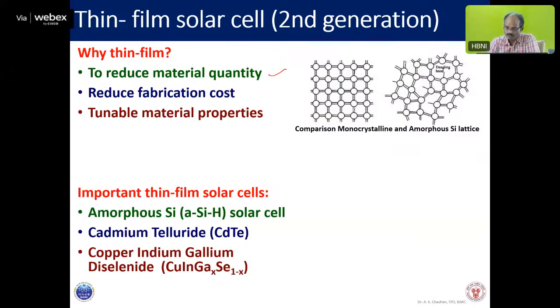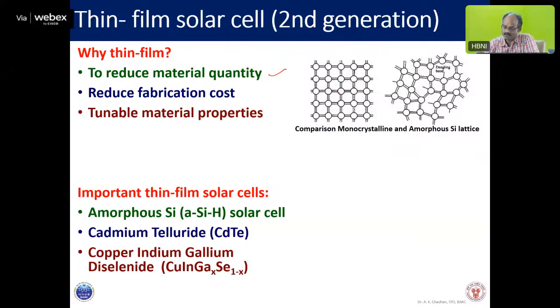If we look at the difference between monocrystalline and amorphous, monocrystalline or single crystal is a material where long range order is followed, meaning all the atoms are at the perfect lattice points. However, in amorphous, there is actually no order. Ideally, for an amorphous material, there is absolutely zero order.